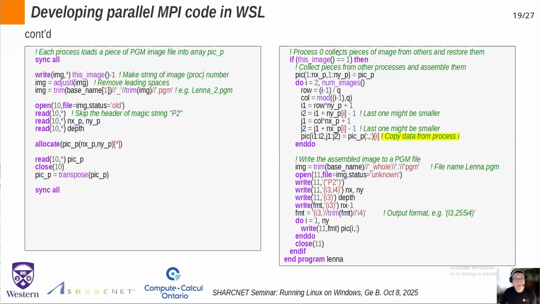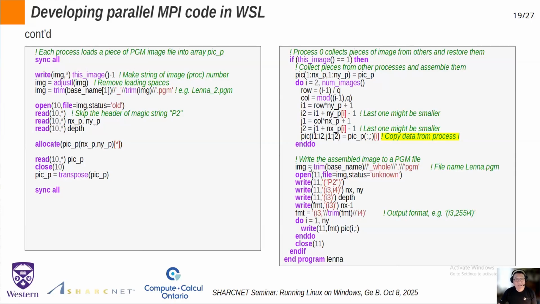And next, the master process. The master process is the one with the label ID 1. The master process will copy the piece from process I into the assembled array of the image.